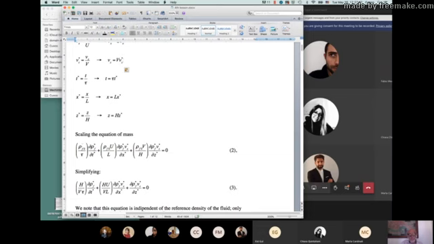Since the maximum density is a constant, I can take it out of the derivative. And in the differential of my dimensionless time times my characteristic time of the system, this characteristic time is a constant, so I can take it out of the differential. Does it make sense to you? Please say yes or no. Yes.